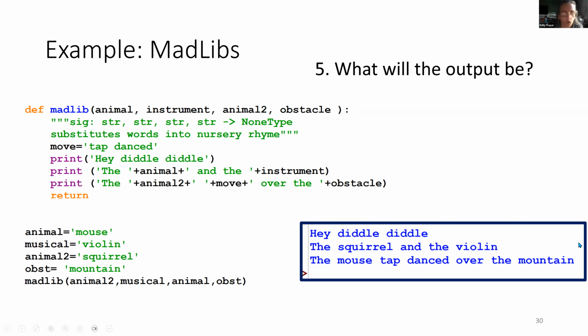Tap dance over. And what was the obstacle? That was sent up in OBST, and OBST is assigned to mountain, so that value will be sent to obstacle, which fills in the obstacle name right here. So it is basically a complex exercise in variable substitution.